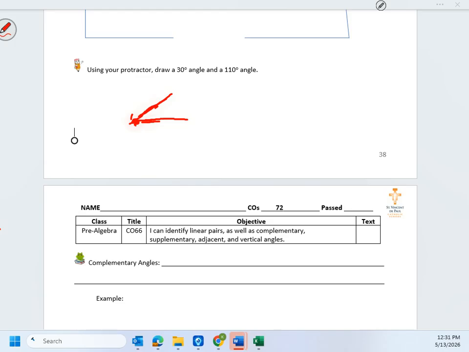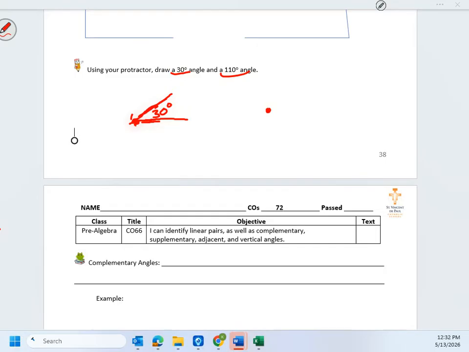Then, what I want you to do is label it 30 degrees, because we are drawing two different angles. Tell me which one's the 30 degrees and which one is the 110 degrees. So you're going to do a different one. Draw your vertex, draw your line, make it 110 degrees.